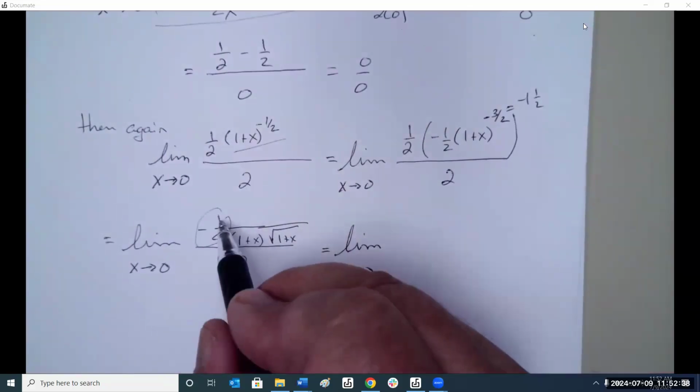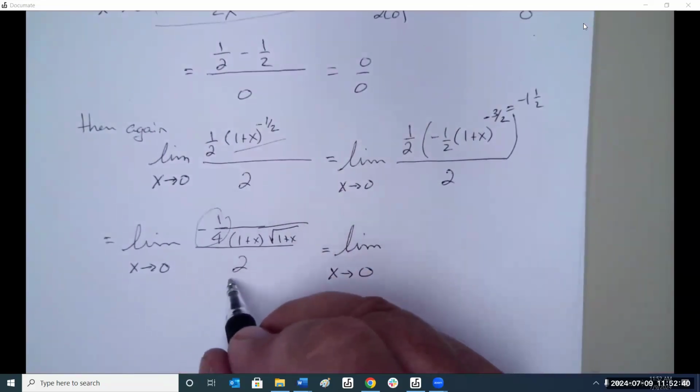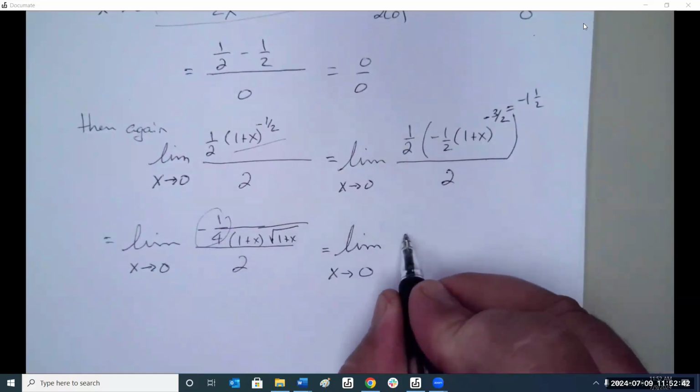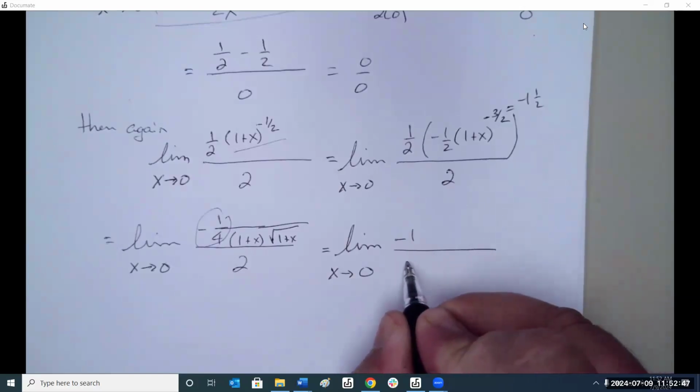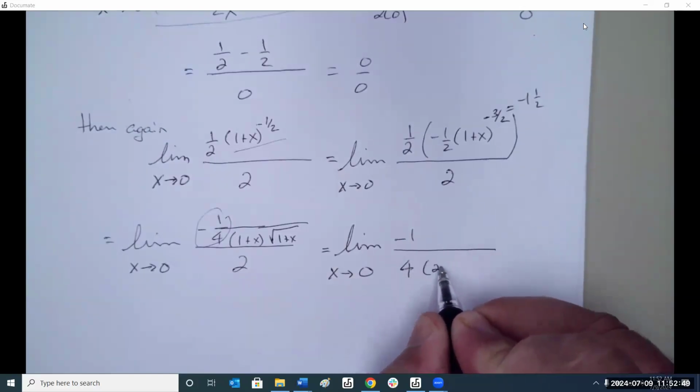So since this is a fraction, that 1/4, so it's negative 1/4 times 2.